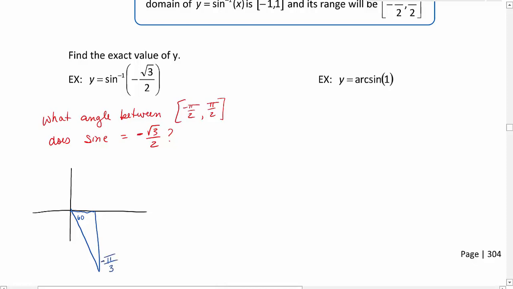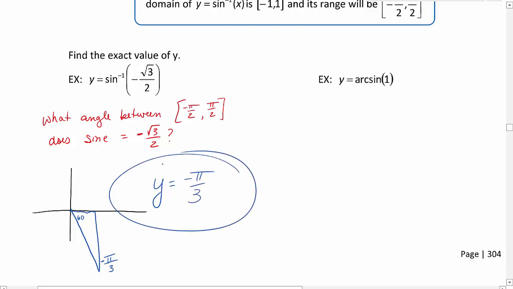So basically we've gone negative pi over 3. So y equals negative pi over 3. It would not be correct to give an answer of 5 pi over 3, which I know is coterminal, because it does not fall in this range of negative pi over 2 to pi over 2.